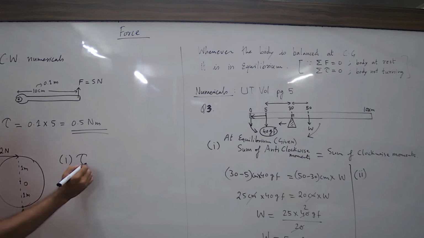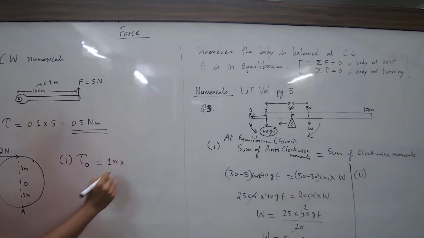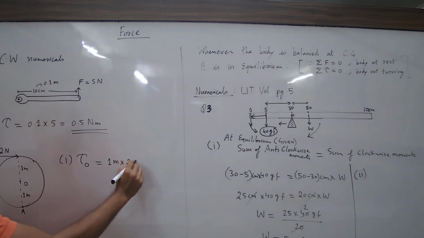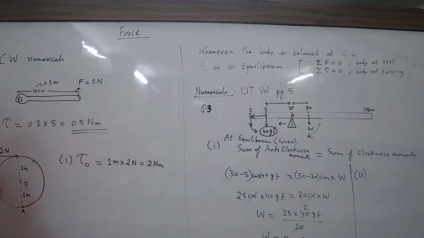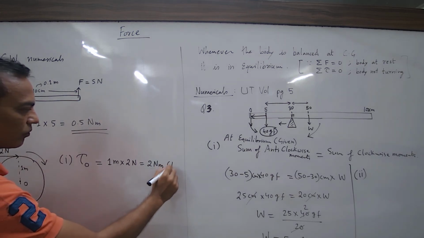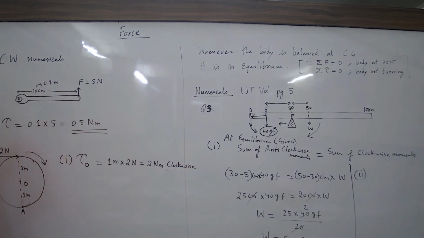So at O, what is the perpendicular distance? 1 meter into 2 Newton. So this will be 2 Newton meter. And now the direction is shown in the diagram. So what is it? Clockwise. Okay.